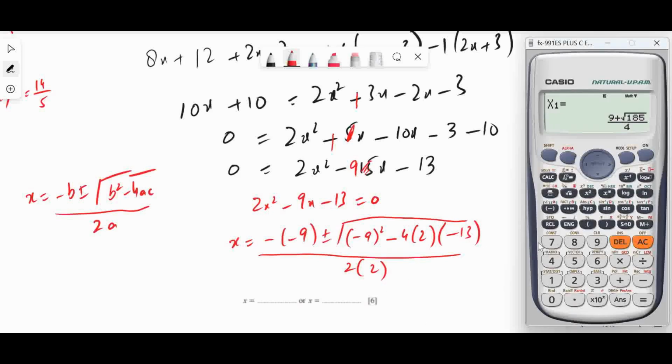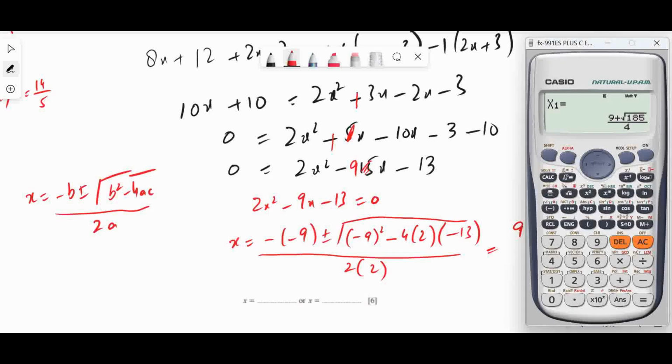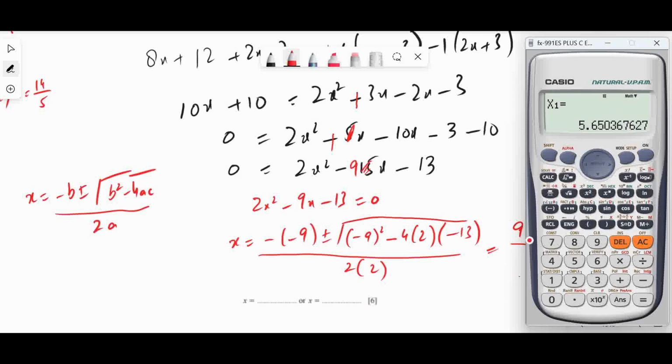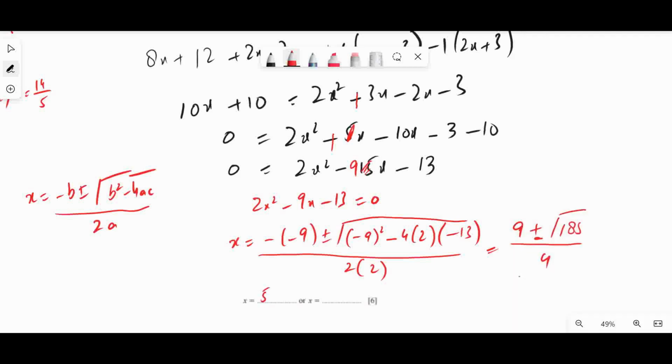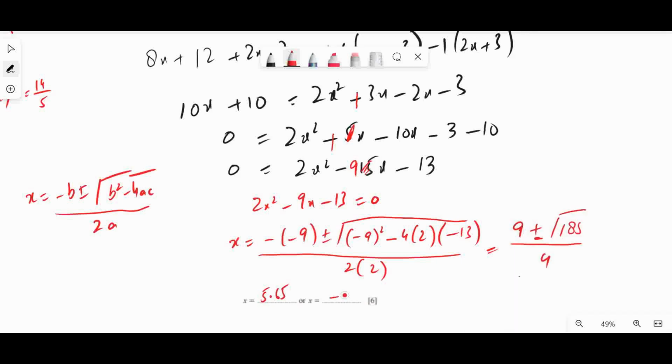Now if we simplify it, this will be equals to 9 plus minus square root of 185 whole is divided by 4. So from here we can write it as 5.65, and the other value should be minus 1.15. So this will be the final answer.